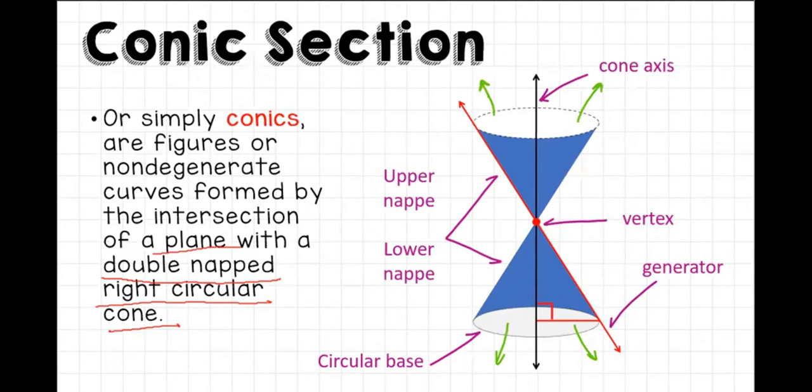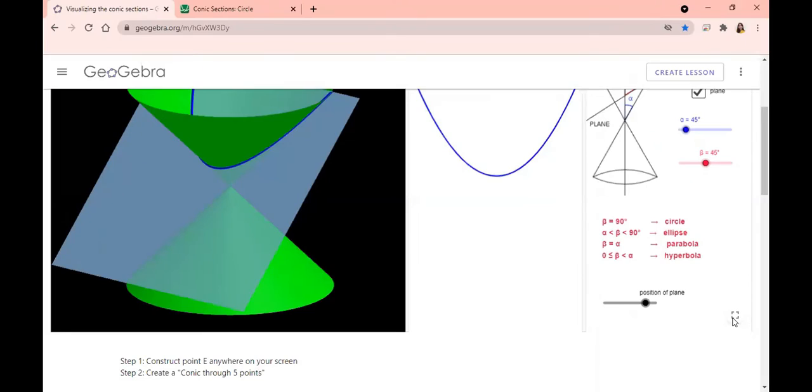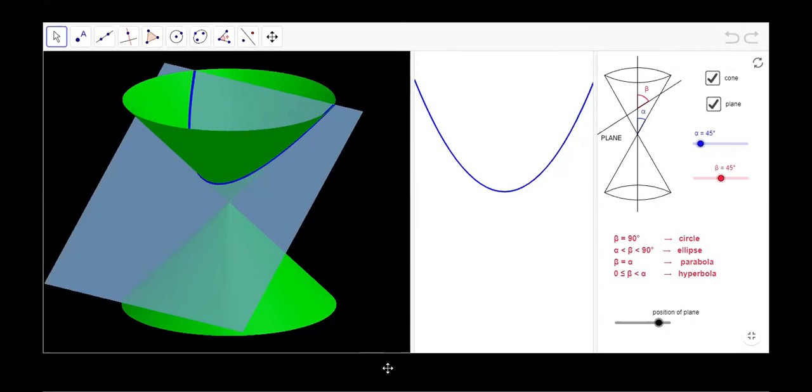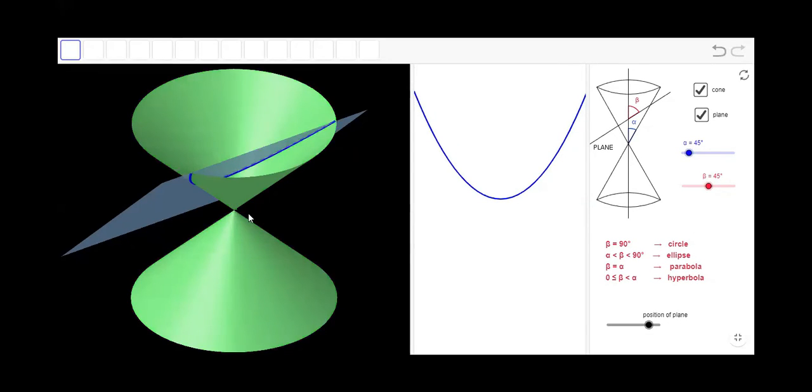So, para mas maintindihan natin ano ba yung iba't ibang klase ng inyong conic section, present natin to sa GeoGebra. This is a very, very nice topic. Para mas maintindihan at para mas nakikita, you're seeing my screen, right? Ayan. So, this is a cone.